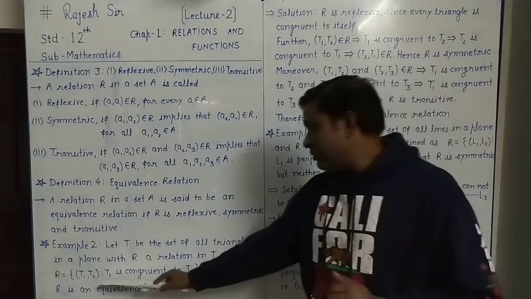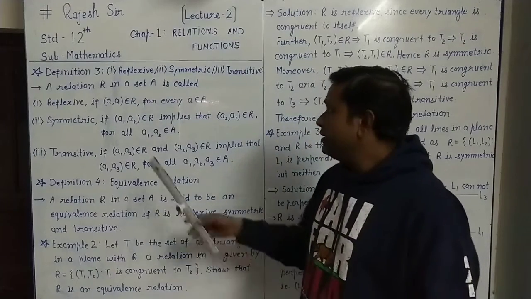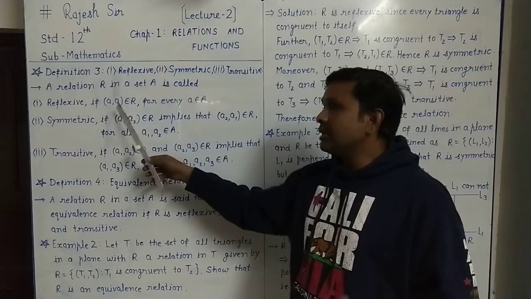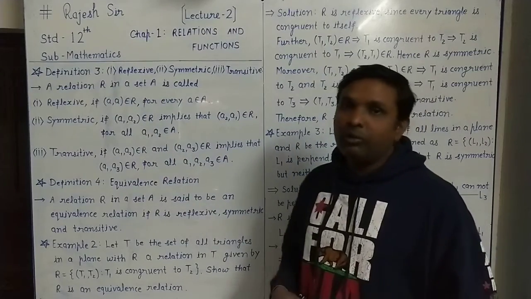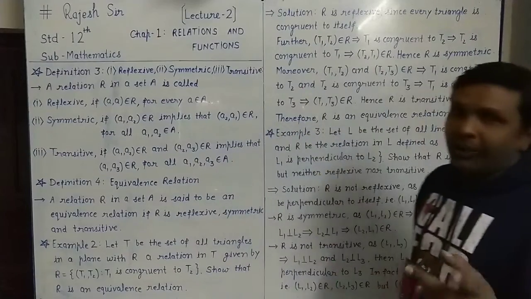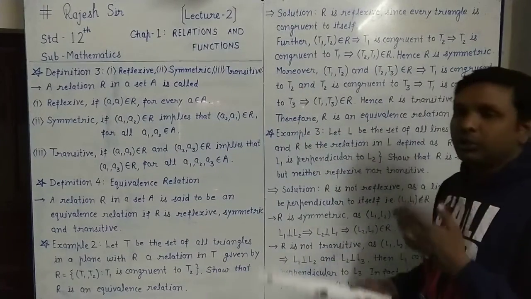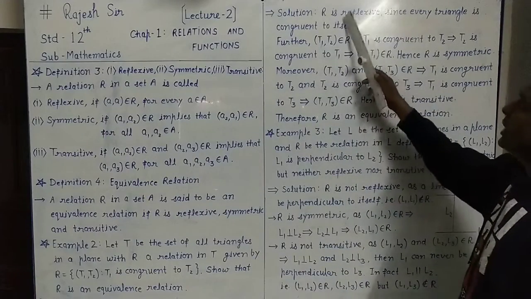So T1 is congruent to T1, and (T1, T1) belongs to R, which is always true. For one triangle, it will always be congruent to itself, so R is reflexive.